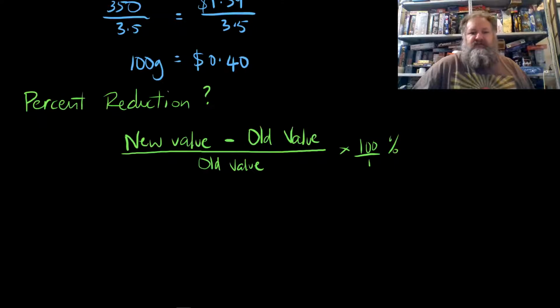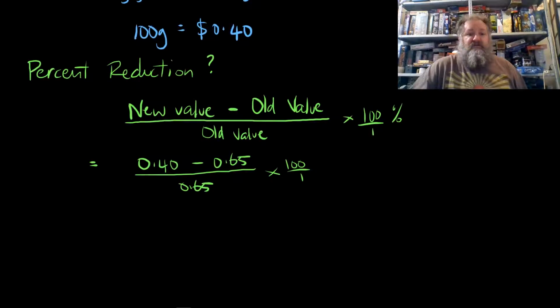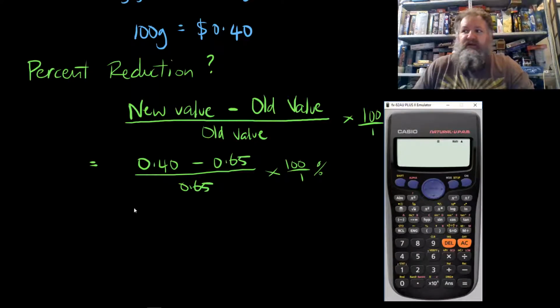Okay, so let's substitute in the things that we had. Our new value is 0.4. Our old value was 0.65. We can then divide it by the old value of 0.65, multiply it by 100 over 1, and I have missed the percent sign there, but got to have that. And when you do that on your calculator, we can grab our calculator here and actually do that.